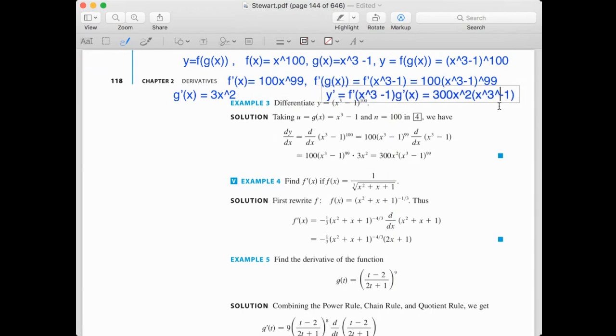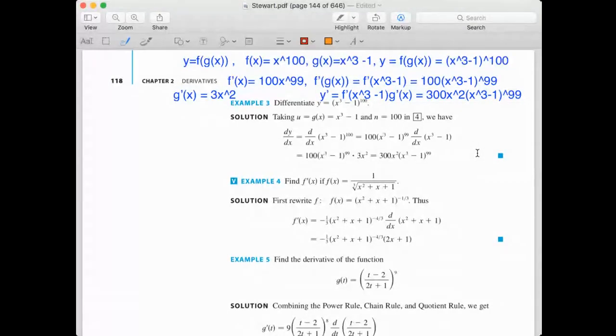Oops. All right. Because f prime of g of x is 100 times x raised to 3 minus 1 raised to 99. So multiply by g prime. G prime is 3x squared. We get 300 x squared times x raised to 3 minus 1 raised to 99.